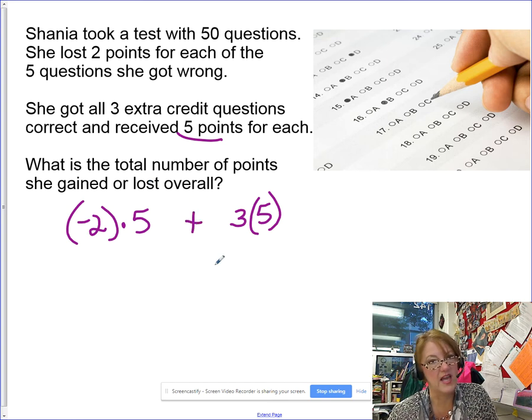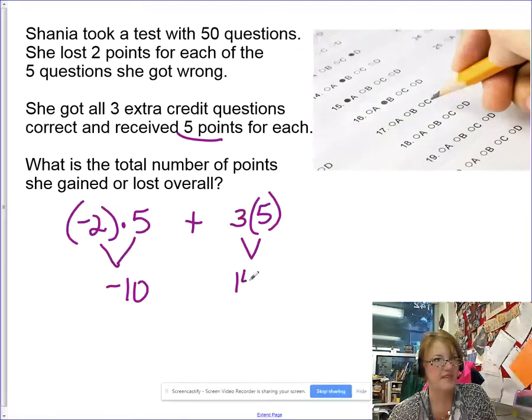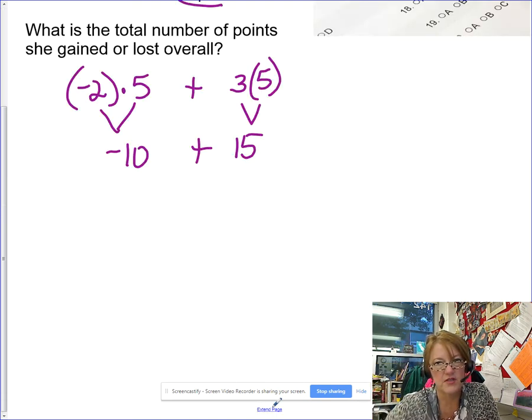So we just need to add these two together. Whew. Parentheses, yes, but no computation inside them. Next, exponents. Nope. Next, multiply or divide. There, there. Add these two together. Use your fabulous mind to tell yourself, oh, I'm adding numbers with different signs.